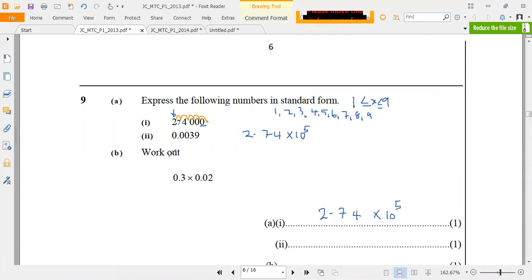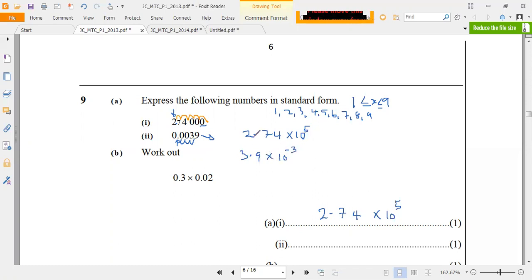Then the second question here, work out 0.3 times 0.002. Actually, before this, there is also this one here, writing it in standard form. Because the decimal point has to move to the right such that we leave a 3, it moves 3 steps to the right, so we end up having 3.9 multiplied by 10 to the power of negative 3.